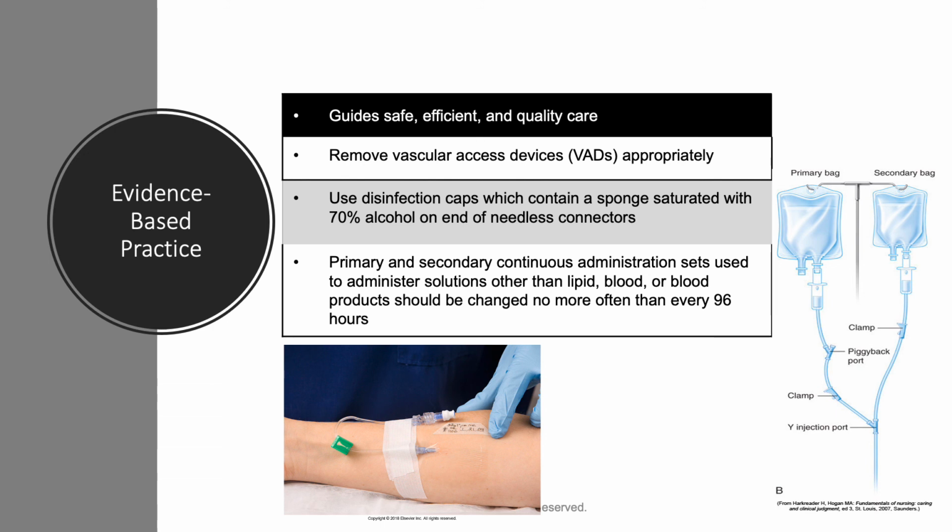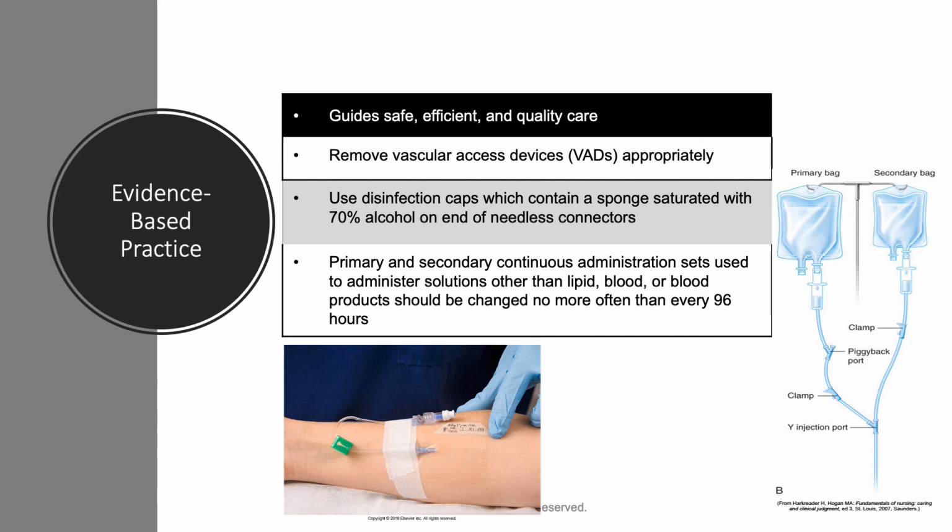Evidence also shows that disinfection caps that contain a sponge that's saturated with alcohol should be used on the end of needleless connectors. You will see this a lot when patients have central lines, because preventing central line associated bloodstream infections is very important.